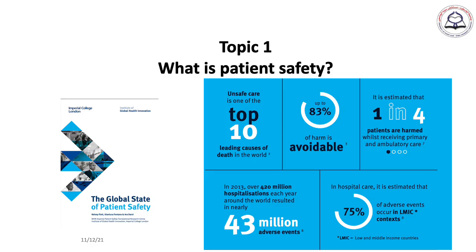In primary care settings, 1 in 4, that's to say 25% of patients, are harmed during the process of care. In 2013, of over 420 million hospitalized patients, around 43 million experienced an adverse event. In hospitalized patients, 75% of adverse events occur in low and middle income countries.